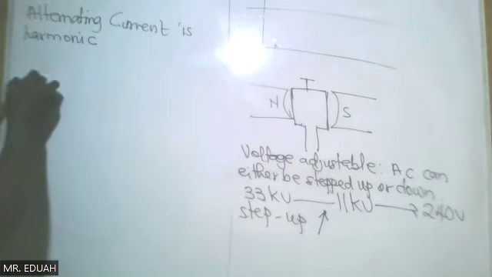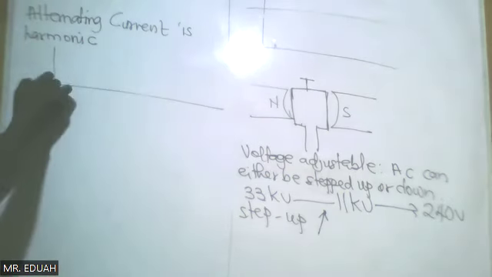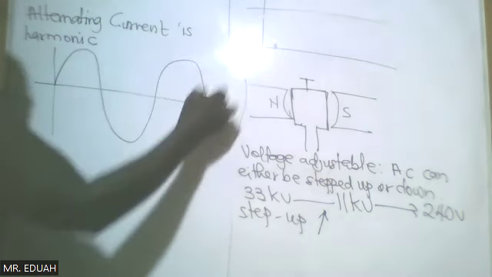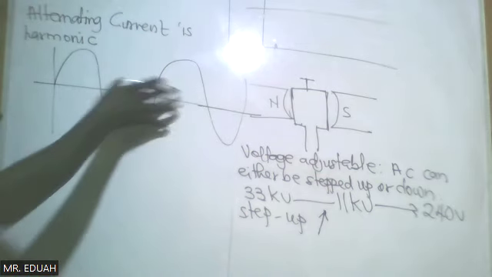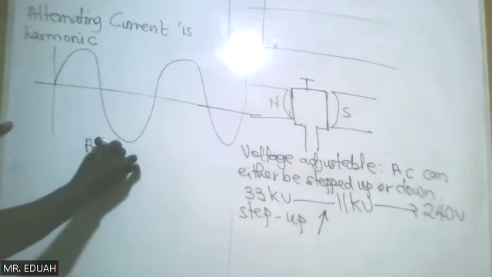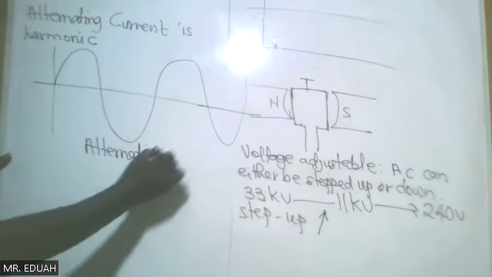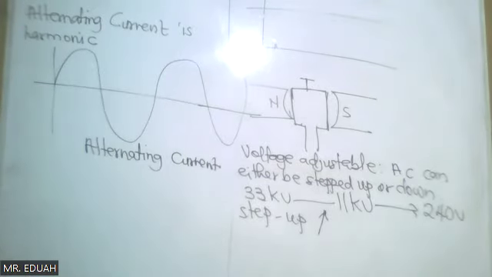For harmonic functions, this is how we indicate the waveform. Anything harmonic looks like this; we say it is sinusoidal. Because AC is harmonic, this is how we represent alternating current, pictorially or graphically.